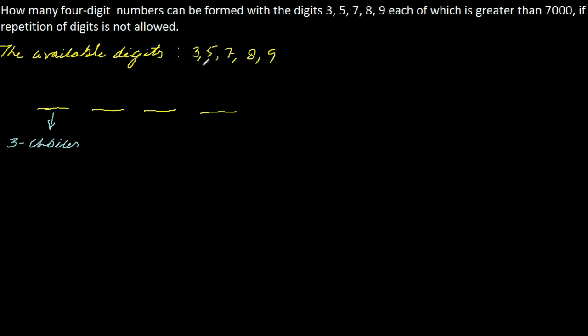So the 100 place has 4 choices. Now the tens place has 3 choices. And the ones place has 2 choices.